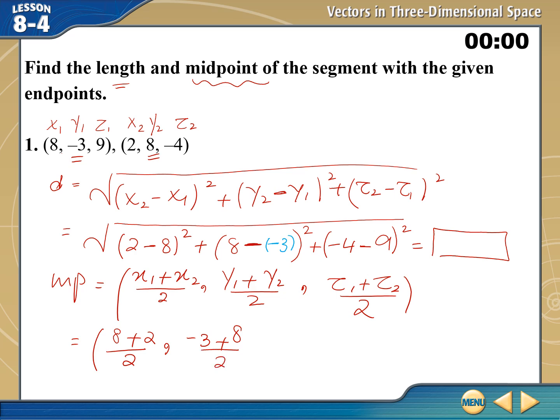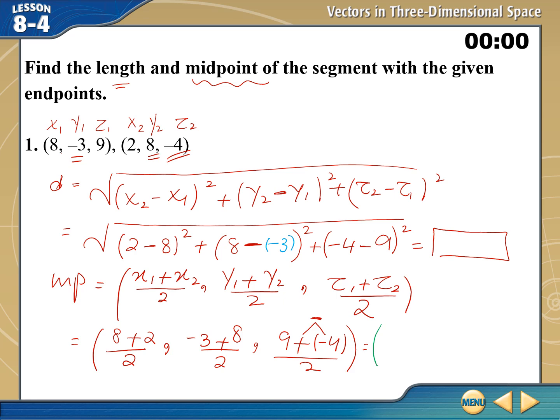I am not doing any scientific thing, I'm only substituting the values which are already given in the question into the formula, and that's all. Now z1 is 9 plus z2 is negative 4, and you know that plus minus is minus, divided by 2. Close the big bracket. Now this one is easy to calculate.